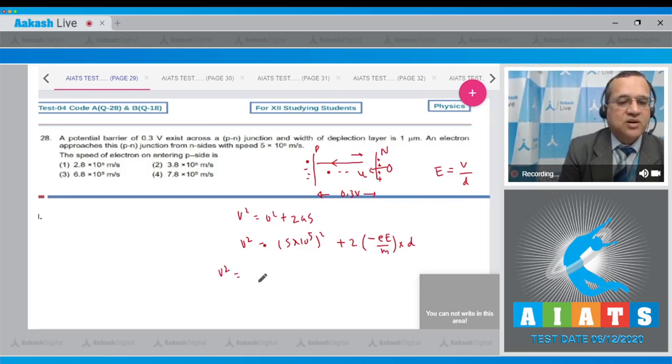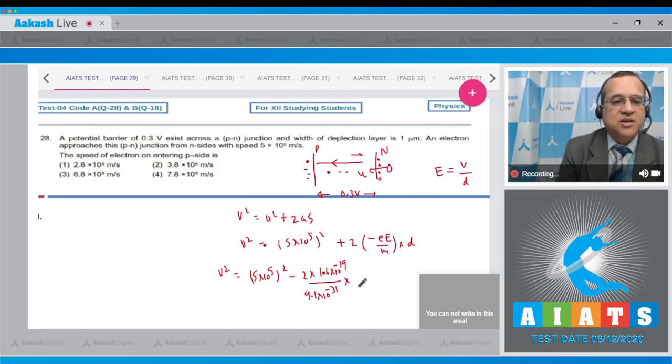So v squared is equal to 5 into 10 to the power 5, squared, minus 2 into 1.6 into 10 to the power minus 19 divided by mass 9.1 into 10 to the power minus 31, and the electric field is V by d, with potential difference given as 0.3, and d cancels with d. And to solve this equation, we get the value of v equal to 3.8 into 10 to the power 5 meter per second. Therefore, the correct option is the second answer.